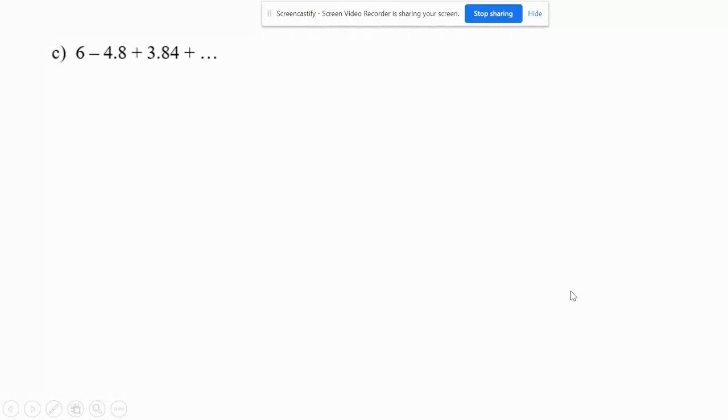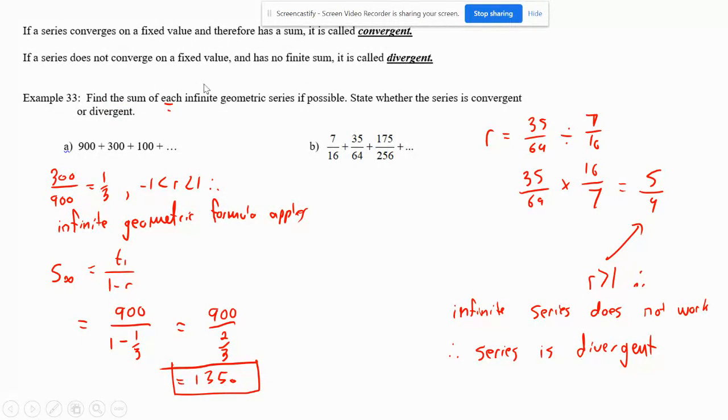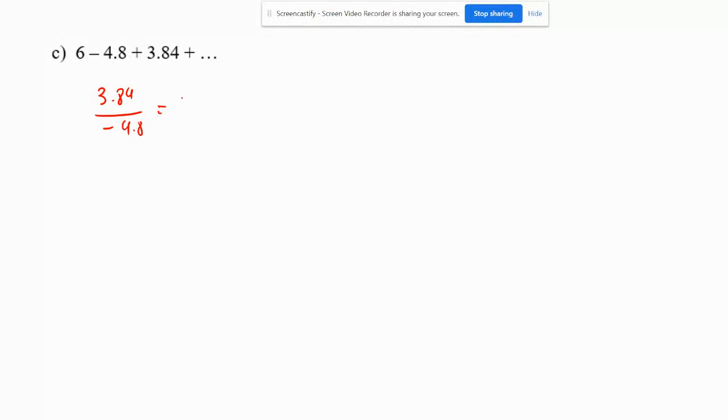All right, 6 minus 4.8 plus 3.84. I'm going to go 3.84 divided by -4.8. Equals -4 over 5. That means this guy does work. Okay, so this is going to be convergent, because -1 is less than -4/5, which is less than +1.